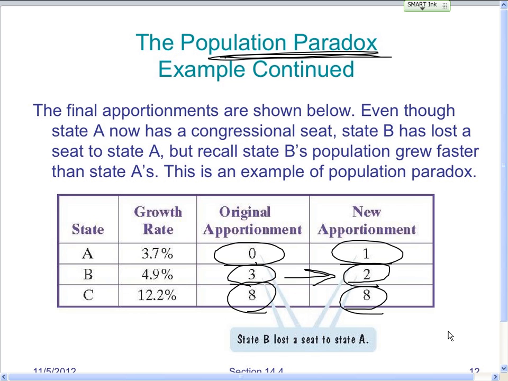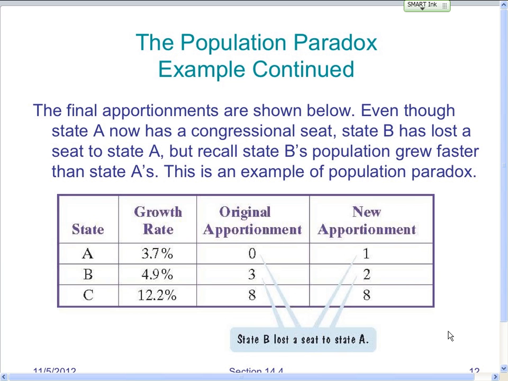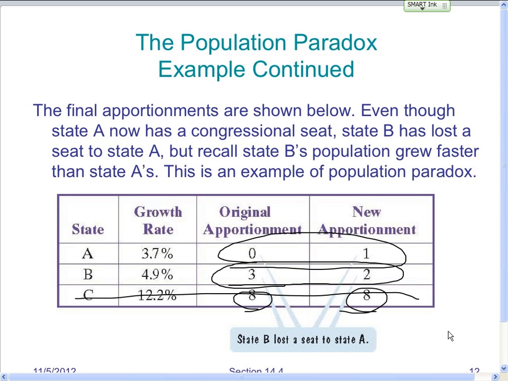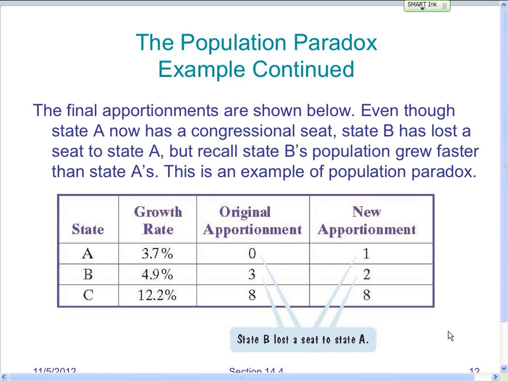Alright, so take a look here. Now, if State B had a smaller percent increase than State A, because C stayed the same, so that doesn't count. We're not worried about C. If B had a smaller percent increase, then it's okay to lose a seat in Congress.